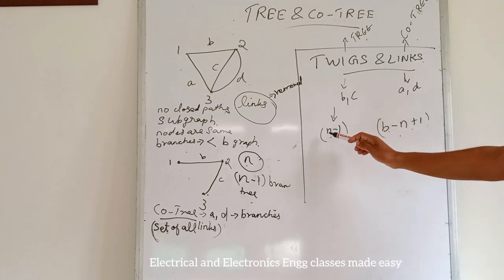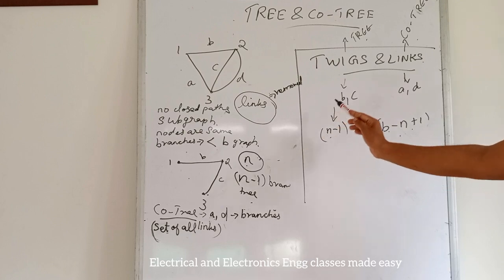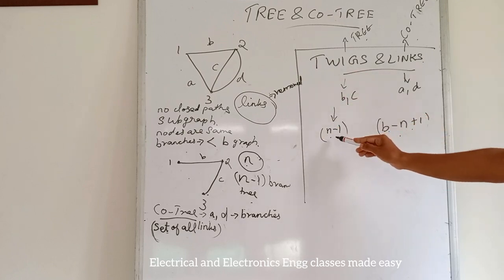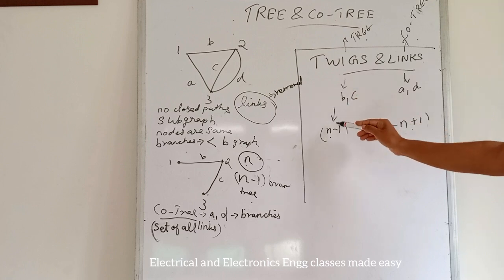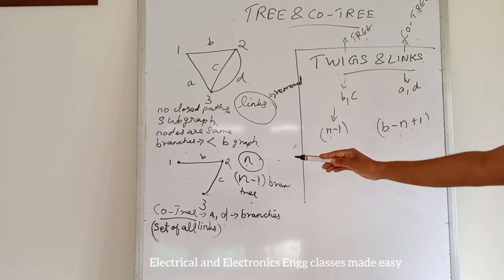In this case, n is 3. So 3 minus 1, 2. So the number of twigs is equal to 2.